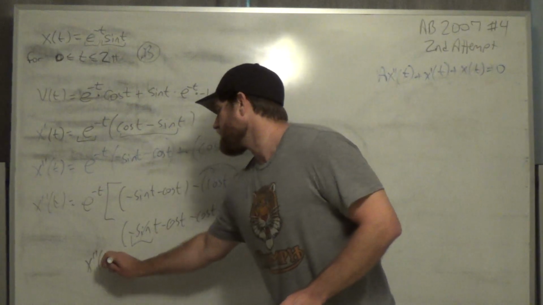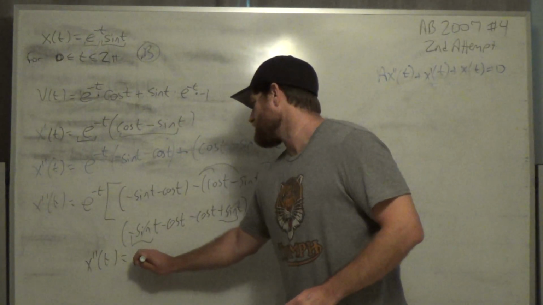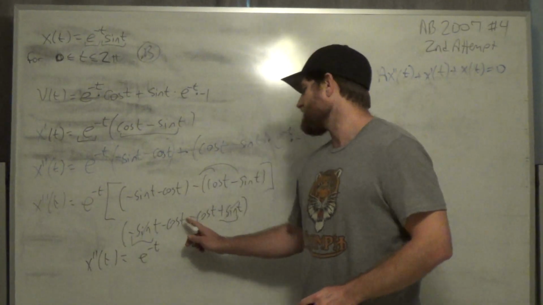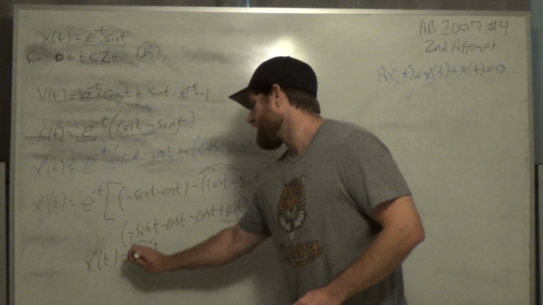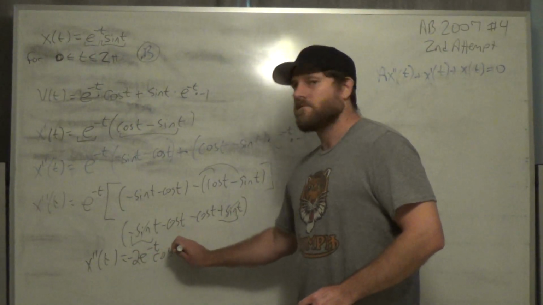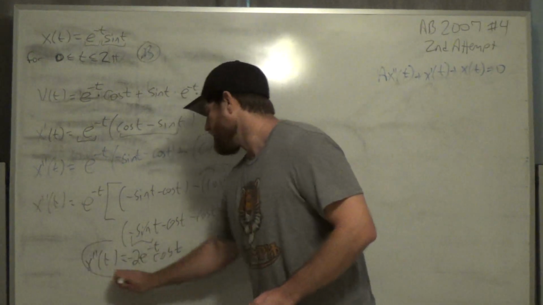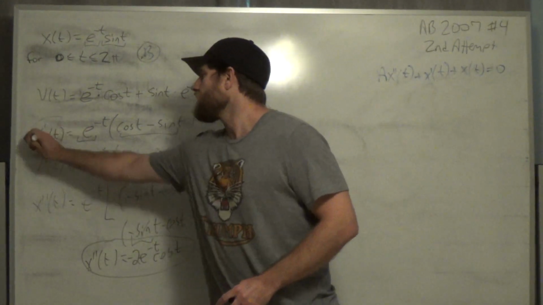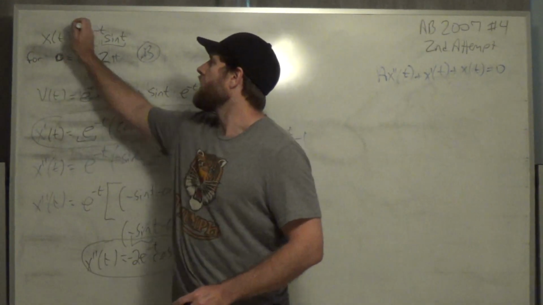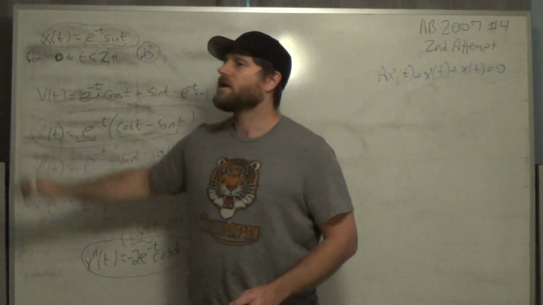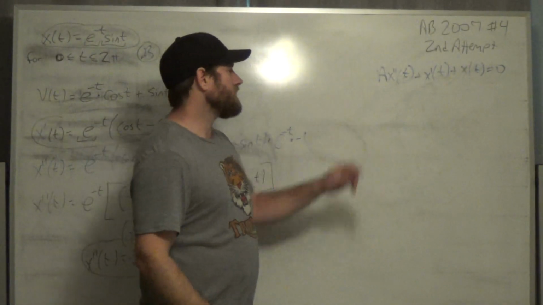So the second derivative, if it's not off the chart, is e to the negative t times negative 2 cosine t. All right, so we're going to take the second derivative, the first derivative, and the original equation and plug them all into here.